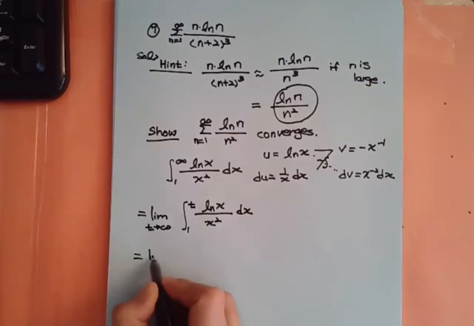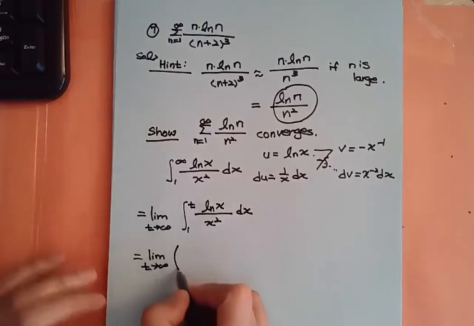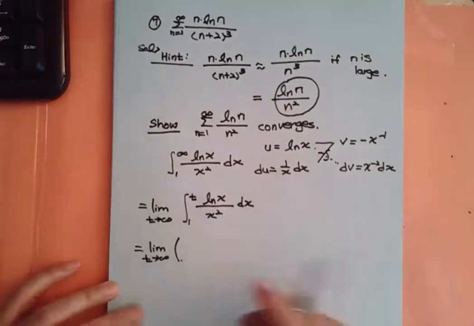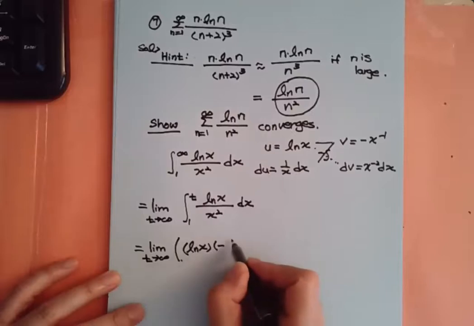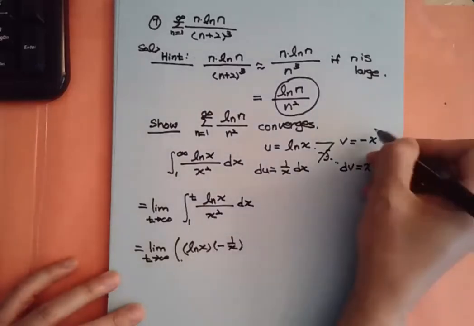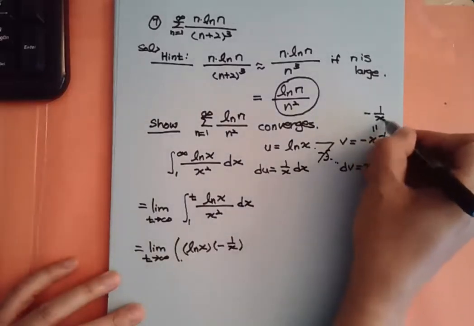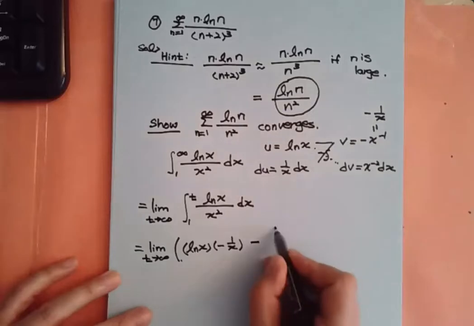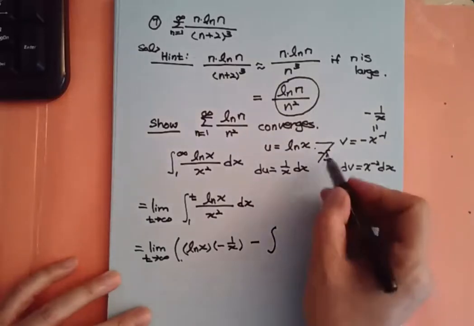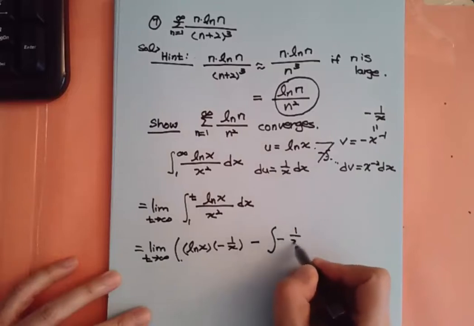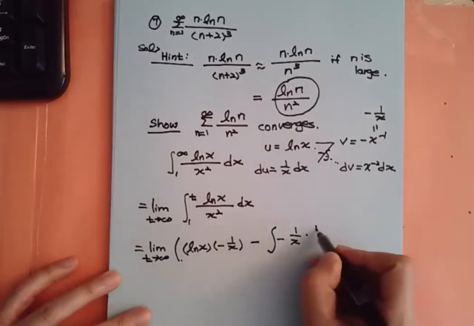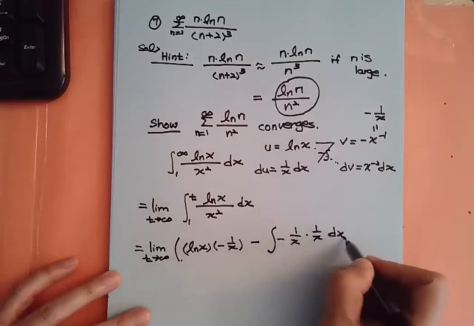So this becomes the limit as t goes to infinity of natural log of x times minus 1 over x, minus the integral of minus 1 over x times 1 over x dx, from 1 to t.